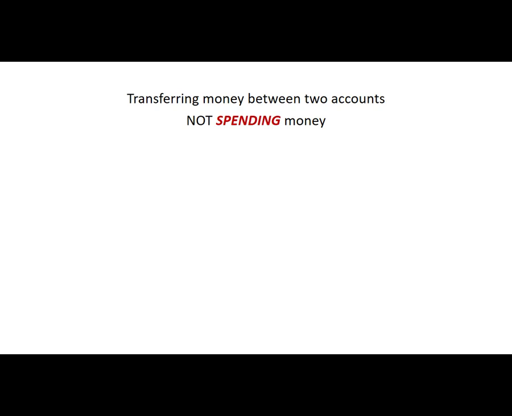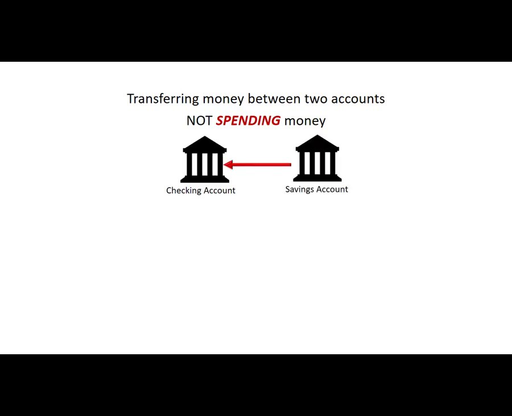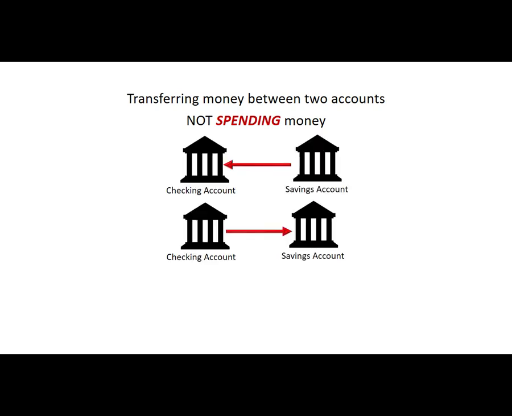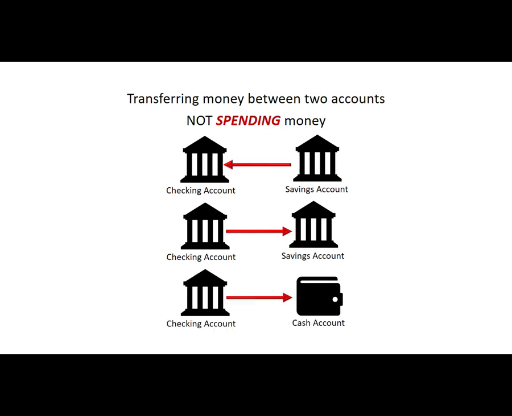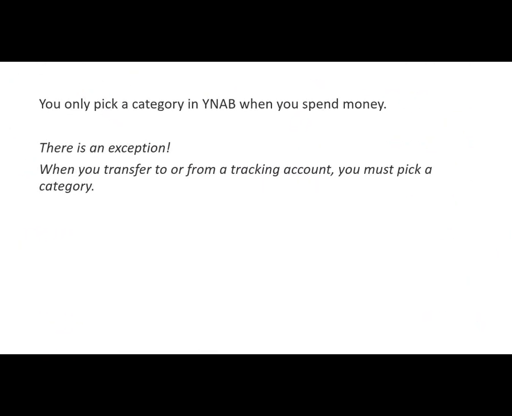Just like I'm sure a lot of you transfer money between your savings and your checking or your checking and your savings. It's the same thing. You're just moving it between two different accounts. You're not spending it. So in YNAB, you only pick a category when you spend money. Very important to remember. You only pick a category when you spend money. So that's the first really important concept.